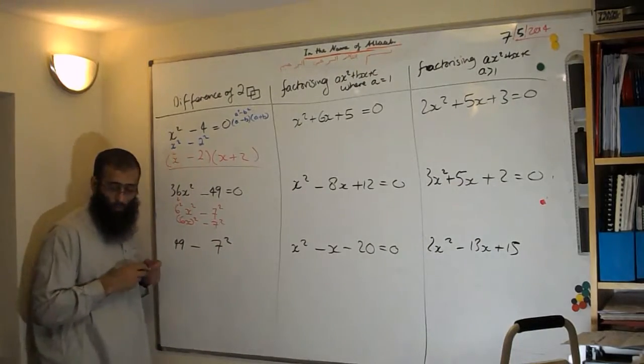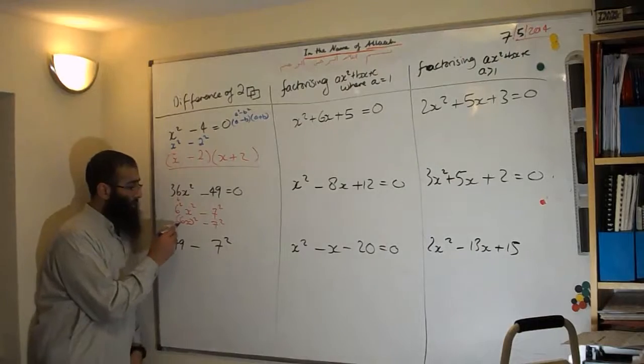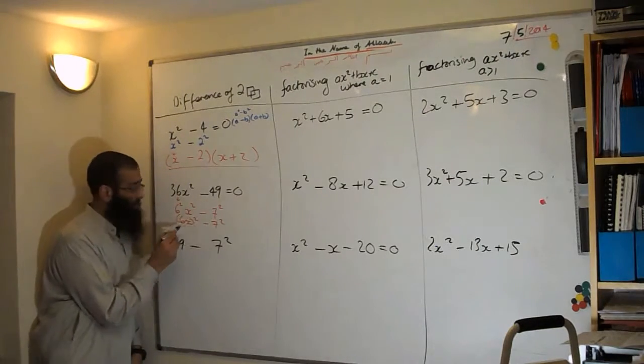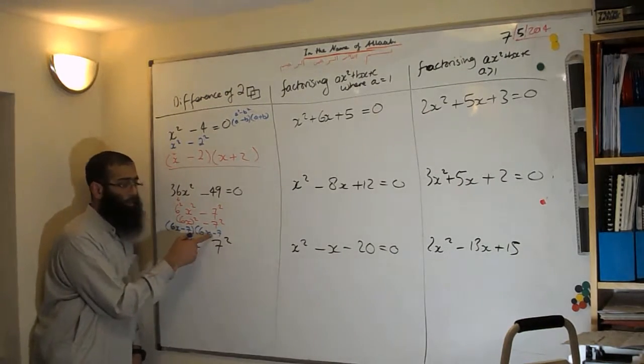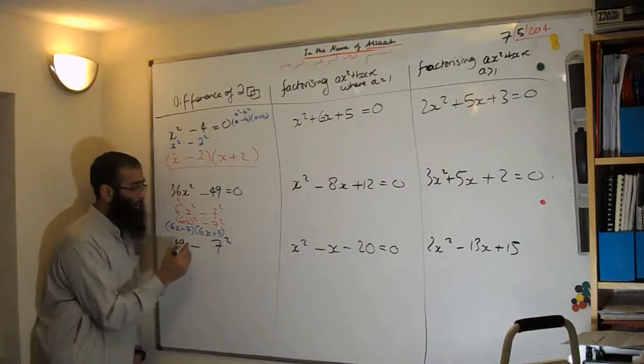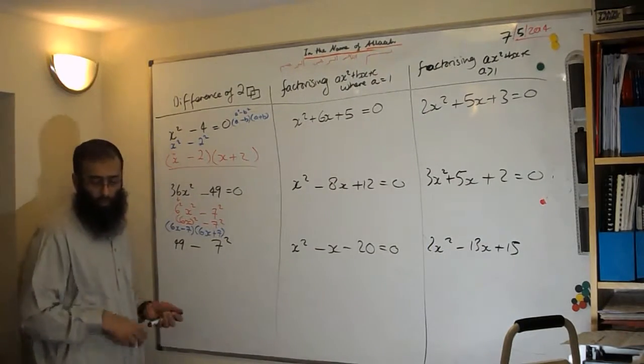Lovely. Now I'm running out of space, just about squeeze it in. So it's 6x squared minus 7 squared. We copy down the 6x minus 7, we copy it out again, and we turn the minus here into a plus. Done.